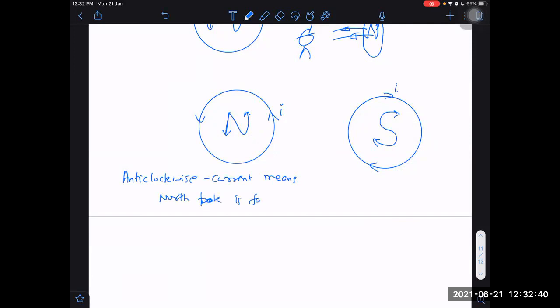And opposite, clockwise current means south pole is facing us. And also north pole means magnetic field lines will be in dotted direction. This is B. Here, B is in cross direction by right hand thumb rule.